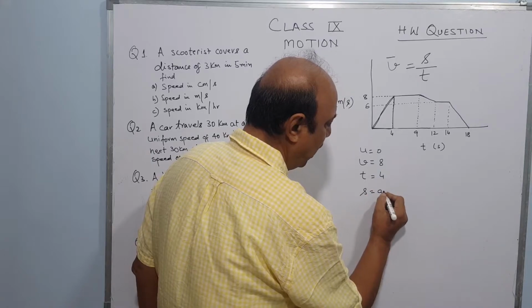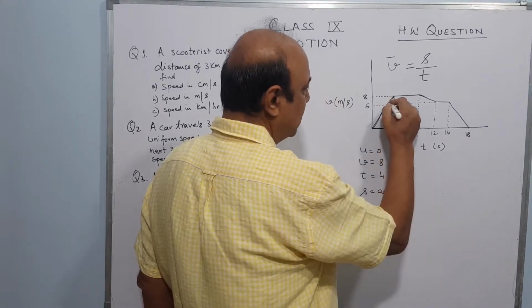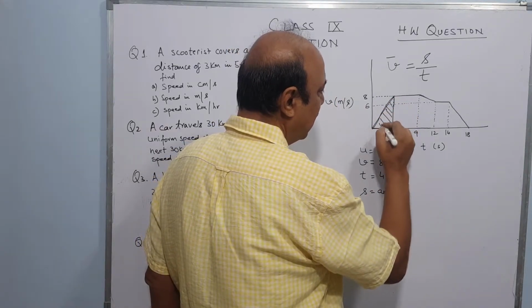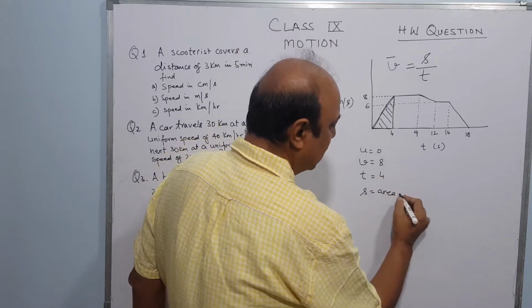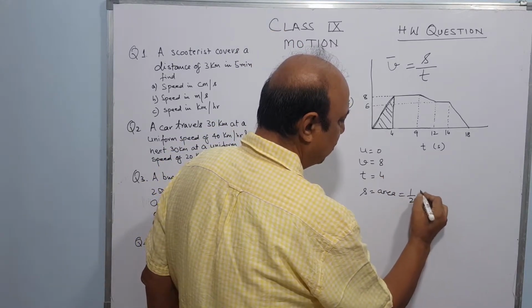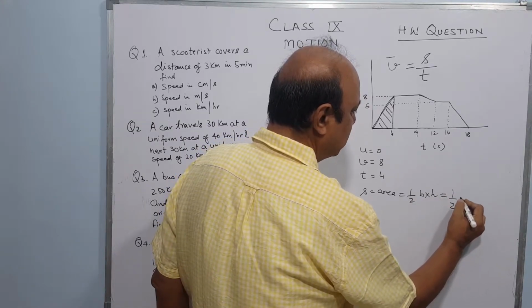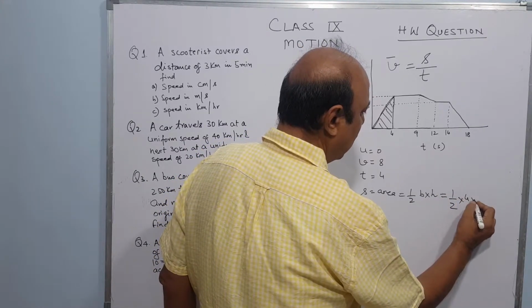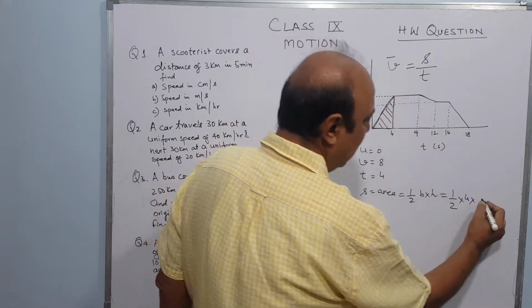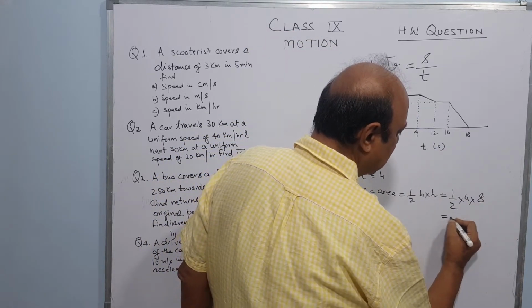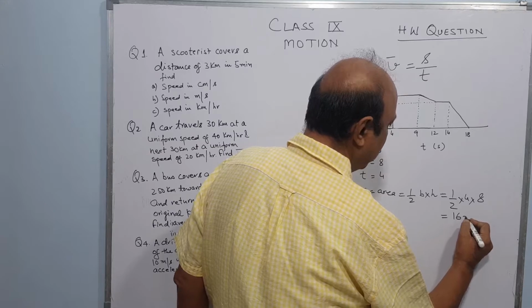S is equal to area. So this area is the area of the triangle, which is half base into height. What is base? Base is 4. How much is the height? Height is 8. So this makes it 16 meters.